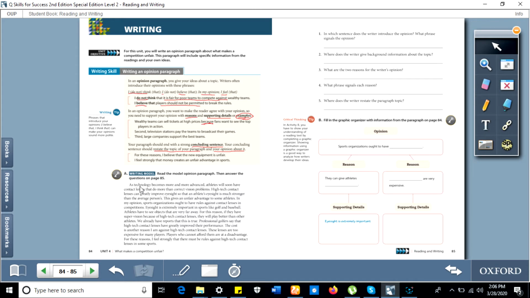Finding out the TS, and after that you have to find where the writer gives his opinion, right? For example, using I think, I believe, such phrases here.